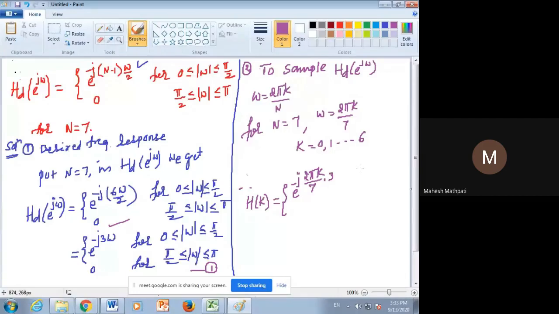And our limit is 0 less than or equals to, again here the limit also we need to change, 2 pi k by 7 less than or equals to pi by 2, and is 0 for pi by 2 less than or equals to 2 pi k by 7 less than or equals to pi.